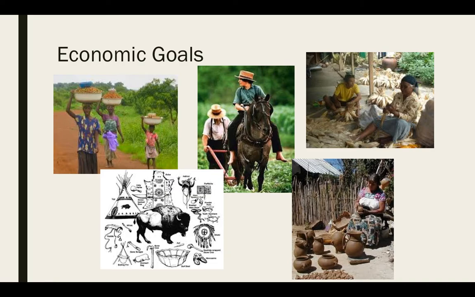Nothing was wasted. For these traditional economies to exist, they have to be extremely efficient. There is no waste. They use everything. So efficiency is extremely important in a traditional economy.